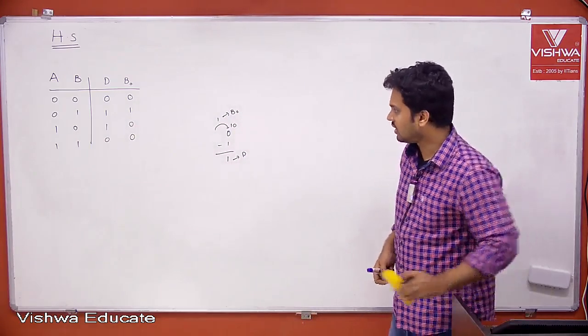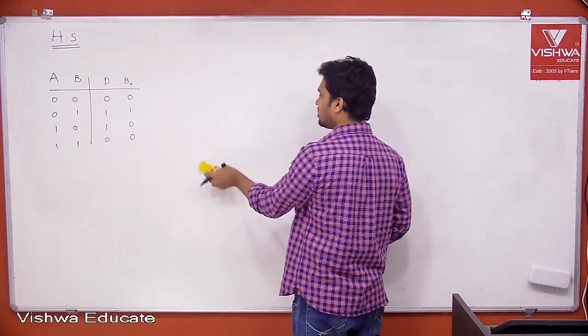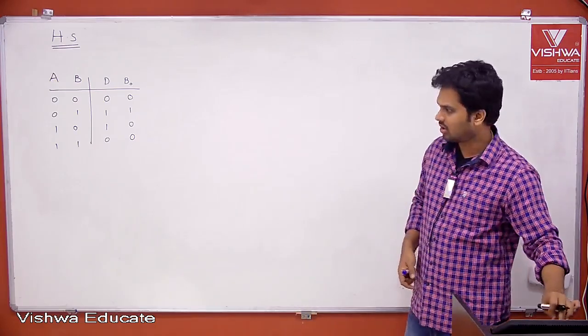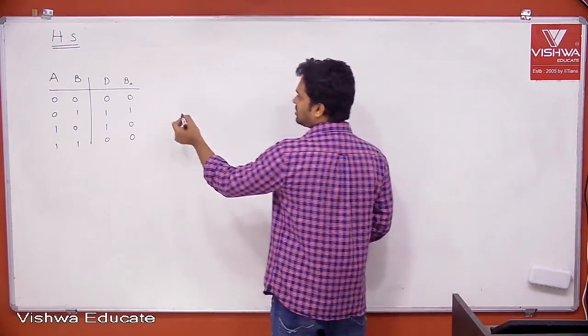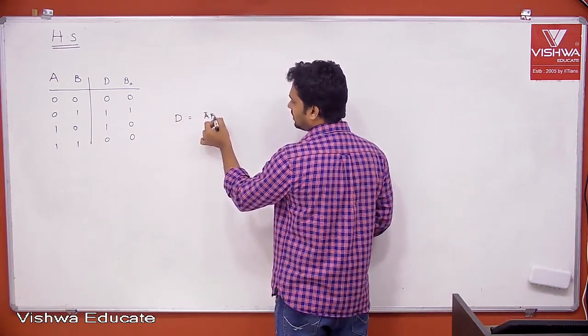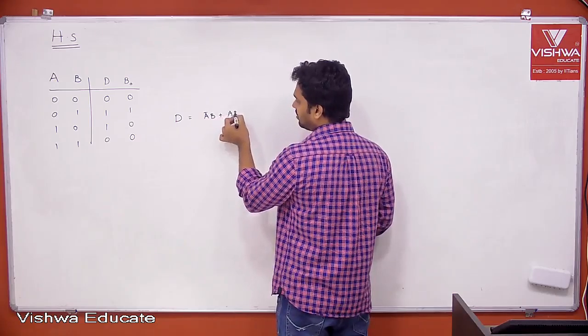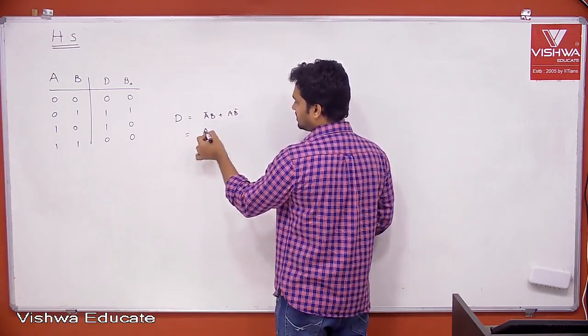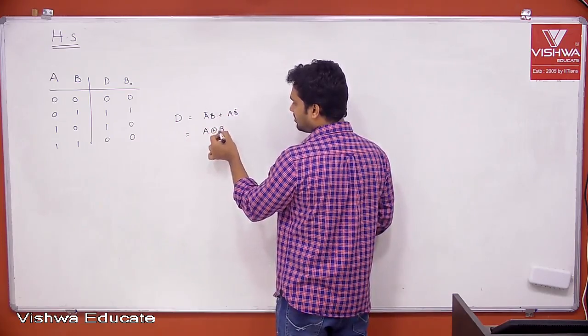So this is the table for your half subtractor circuit. This is the required operation for us. So what is your D? Same as your previous case: A bar B plus A B bar, which is A XOR B, similar to your sum.